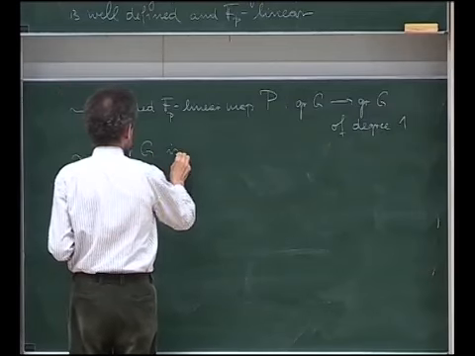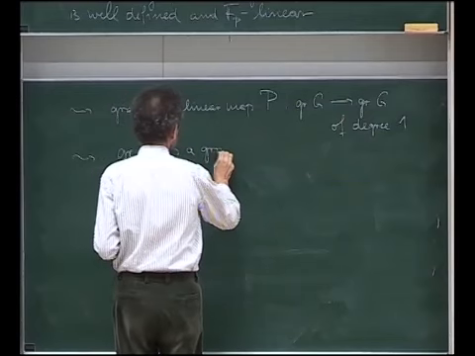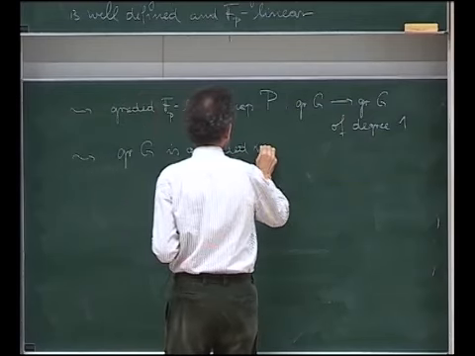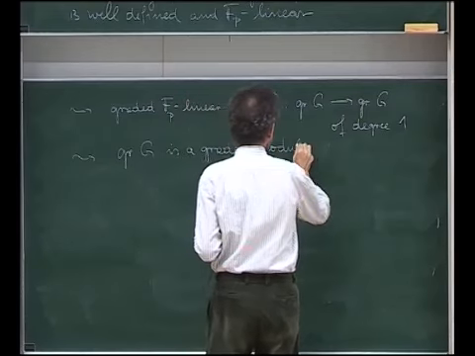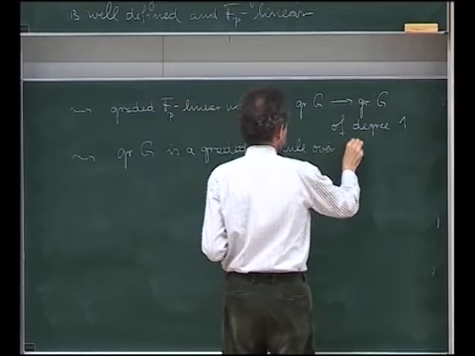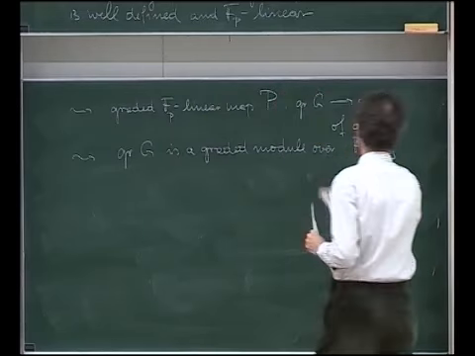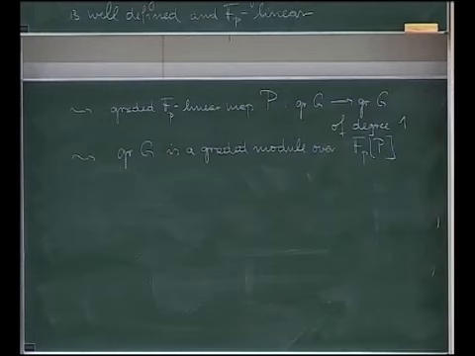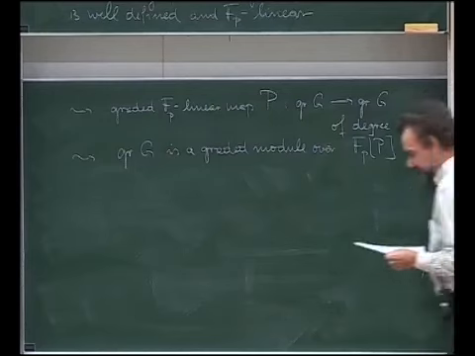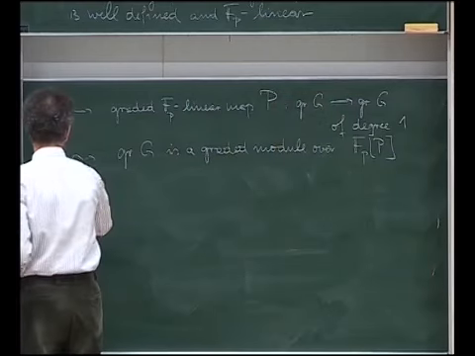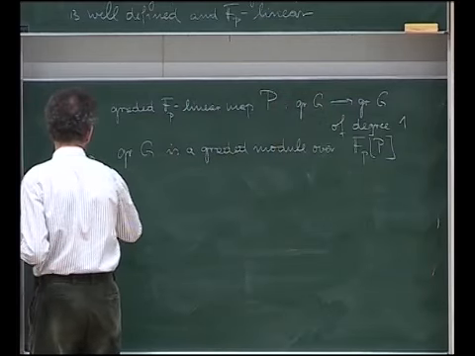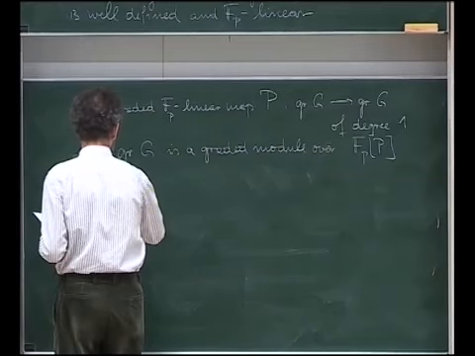Now, before we proceed, in other words, I can view G as a graded module over the polynomial ring Fp in the variable P, capital P.